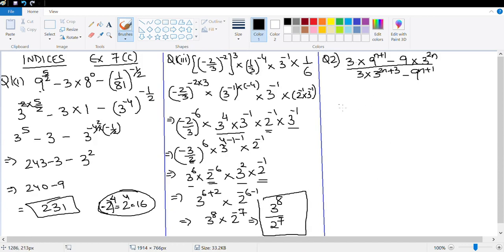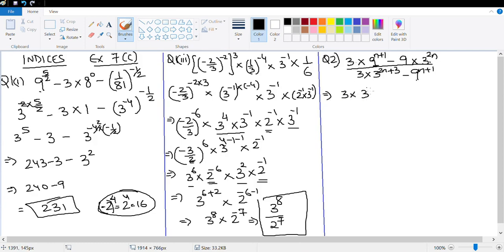Let's move on to question number 2. Question 2 is 3 into 9 to the power n plus 1 minus 9 multiplied with 3 to the power 2n, upon 3 into 3 to the power 2n multiplied with 3 cube minus 3 to the power 2 times n plus 1. So I noted that this can be written in the base of 3. I also noticed that there is 3 to the power n and 3 to the power 2n here. Let's try and convert this into some basic common base.